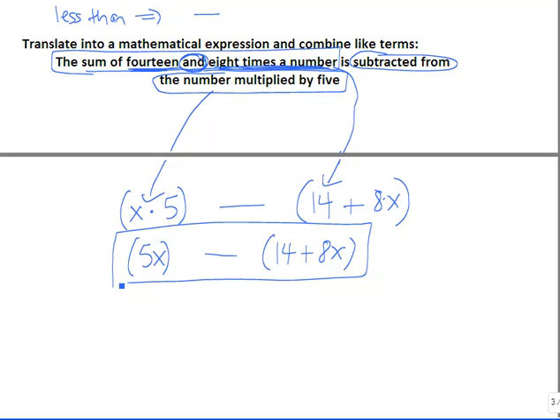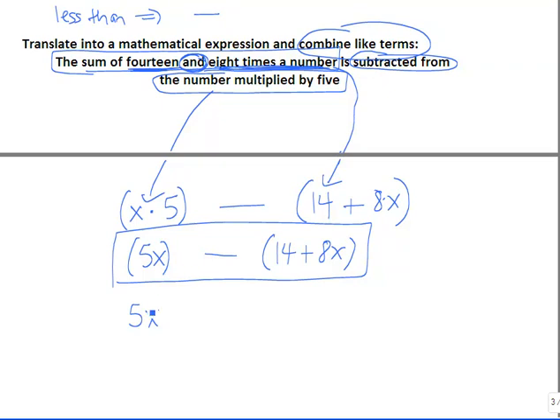To finish off the problem, we're also asked to simplify it and combine like terms. So when I go to combine like terms, that means I need to clean this up. And remember that if you have any parentheses in your problem, you want to eliminate them first so that you can then combine any like terms that are left over. Now the parentheses that are around this 5x actually aren't necessary because there's nothing in front of the 5x that needs to get multiplied.